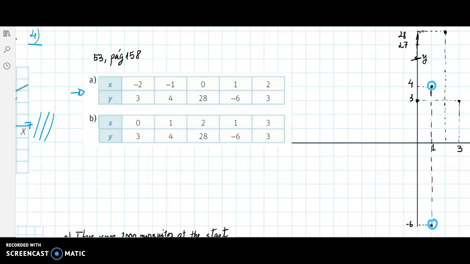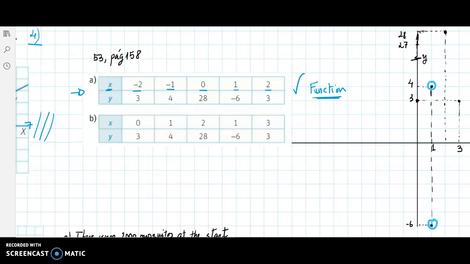In the independent variable, the x, we cannot repeat numbers. In this case, we have the minus 2, the minus 1, the 0, the 1, the 2. We don't repeat numbers, so yes, this is a function. It's correct, it's a function.